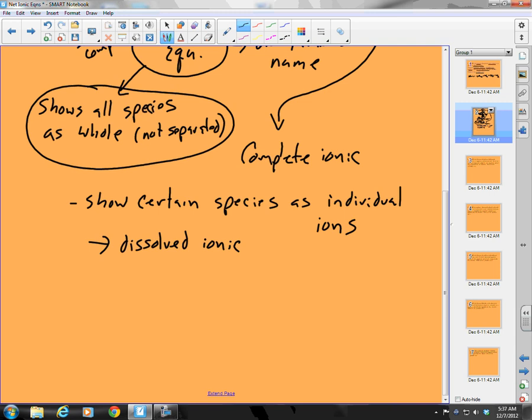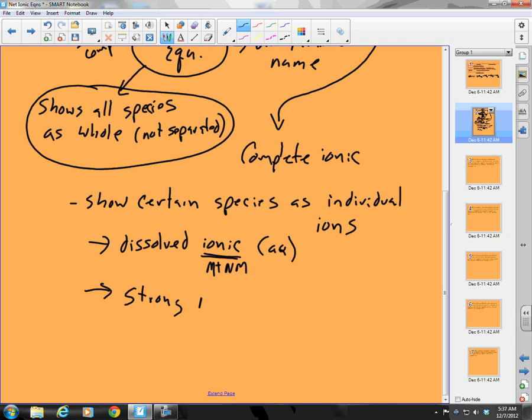If it's dissolved, that means any ionic compound that is aqueous. Now, what is ionic? Remember, when you see your metal and your non-metal, if we see anything that is metal and non-metal that is dissolved, it is aqueous, then we're going to write these as ions. What else am I going to write as ions?